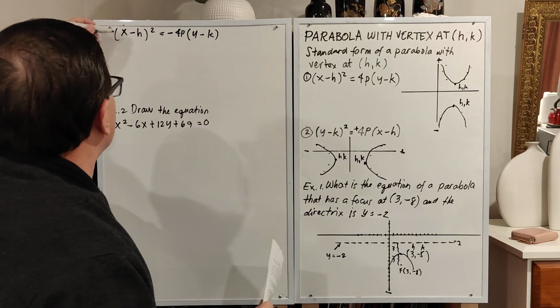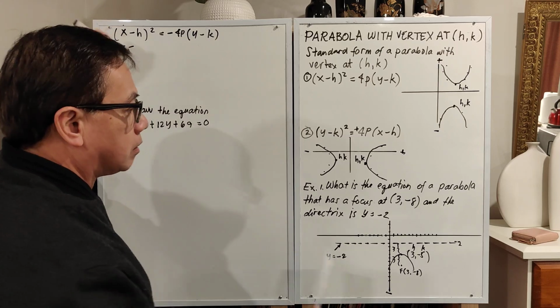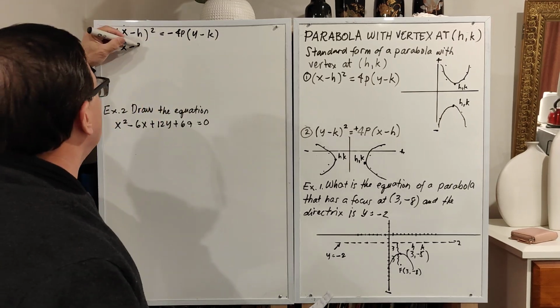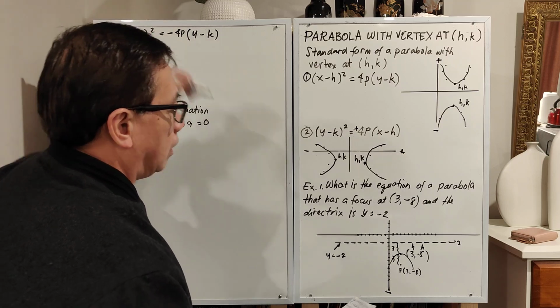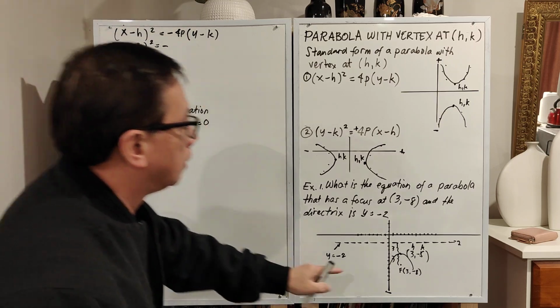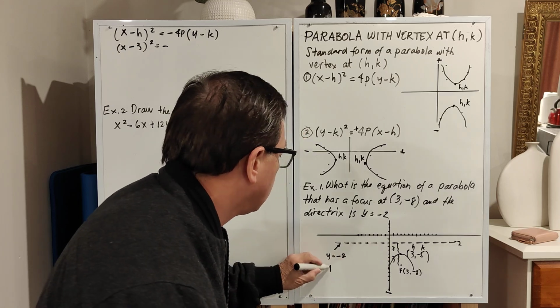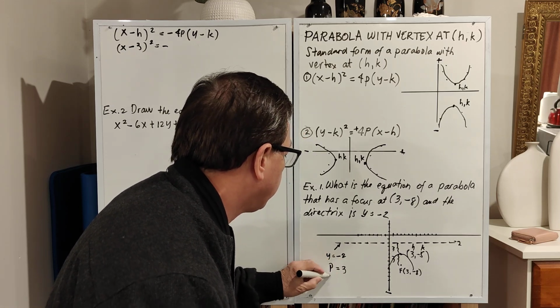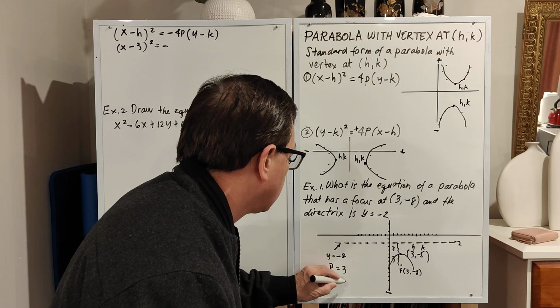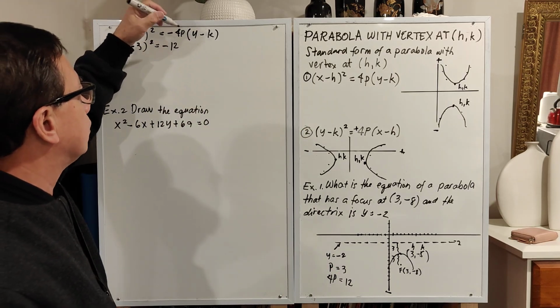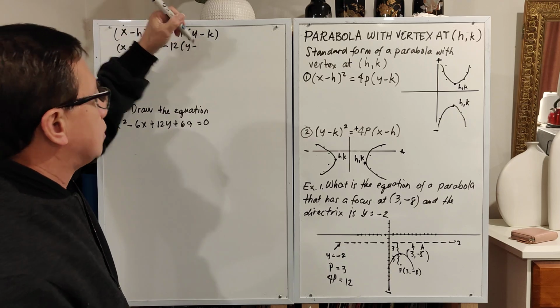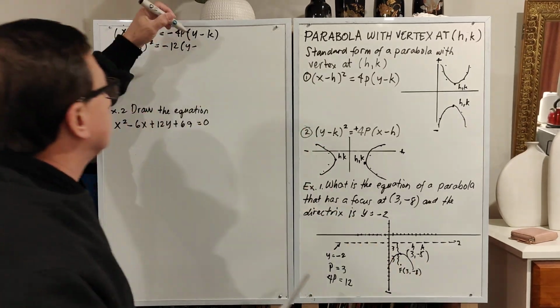So if we plug it in, x minus h, which is 3, squared is equal to negative. Your p is 3, so your 4p is 12. In this case, -12, because it is going downwards. y minus k, your k is -5.